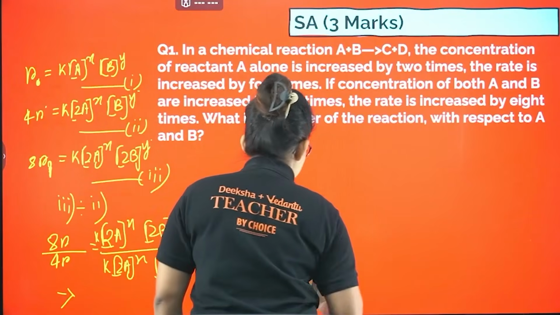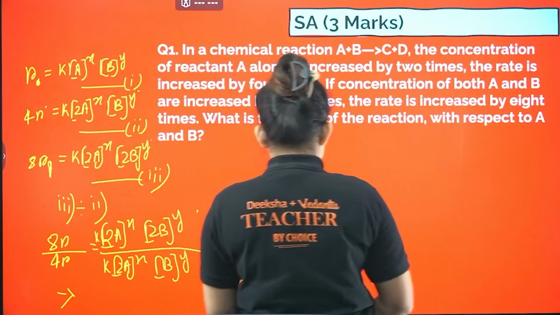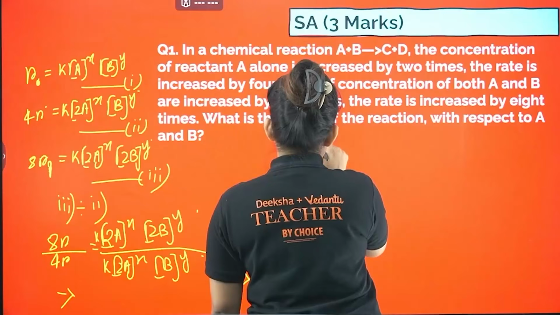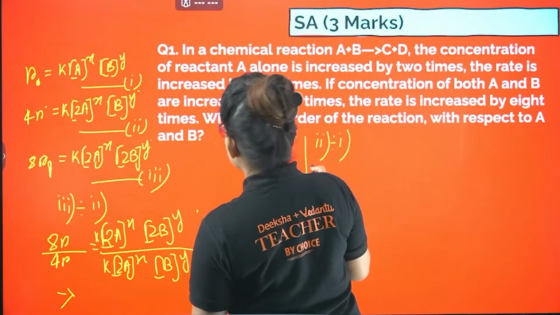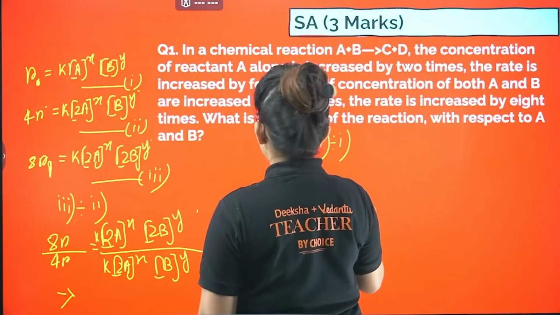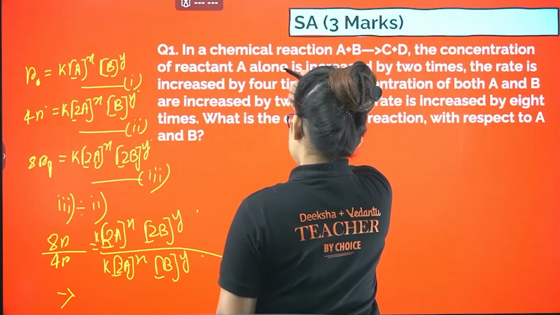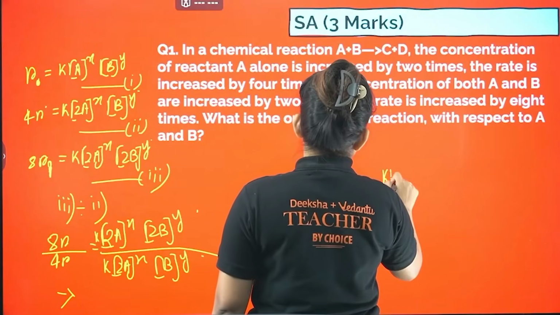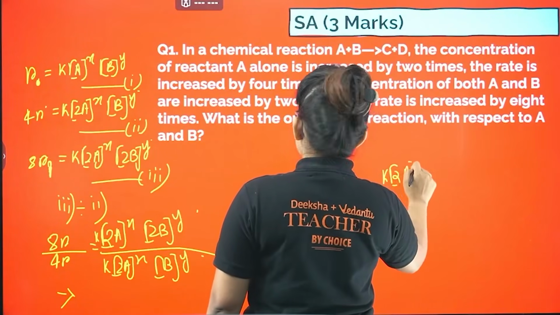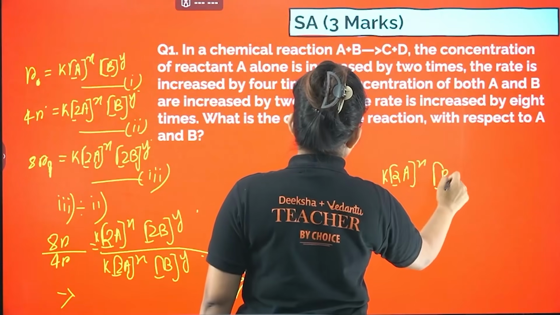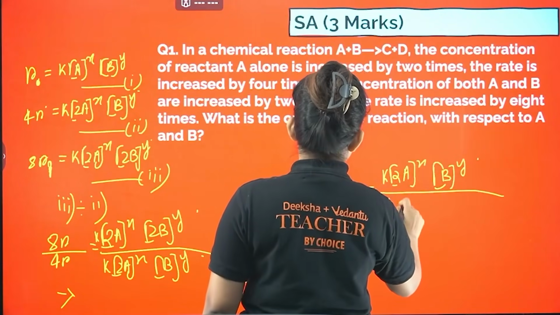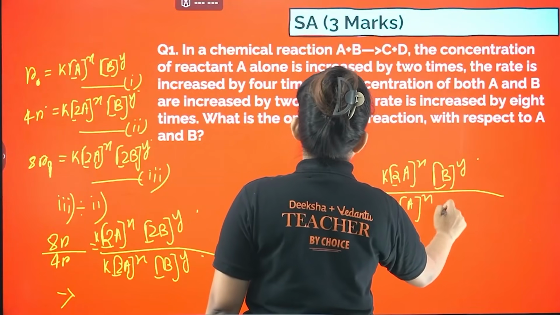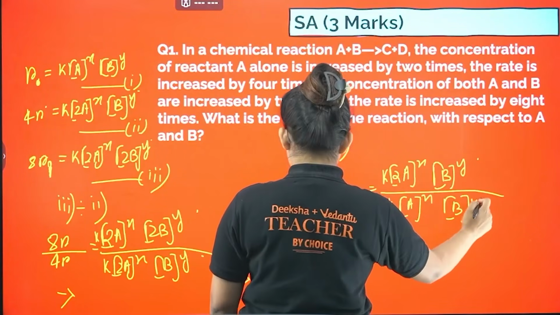Fine. Now solve for X. What should I do? I can do 2 divided by 1. 4R divided by R is basically equals to K into 2A power X into B power Y divided by K into A power X into B power Y, right?